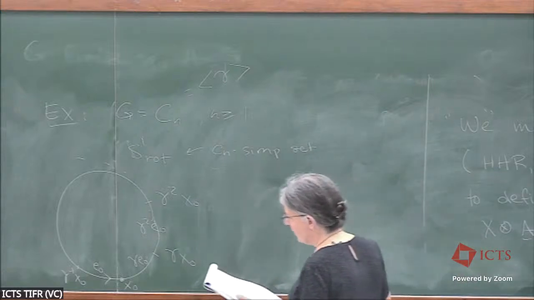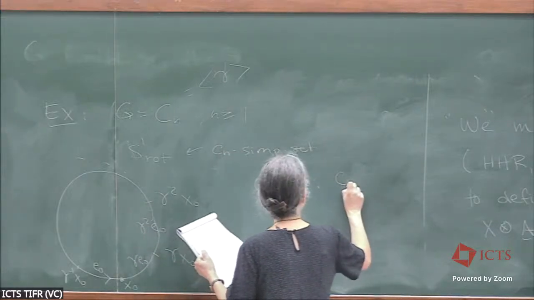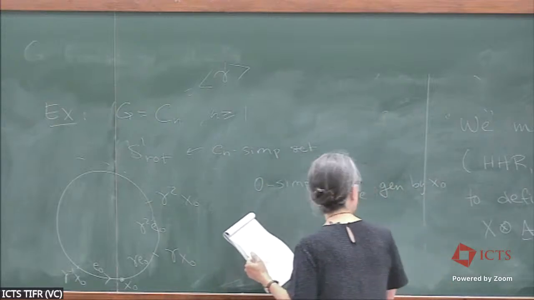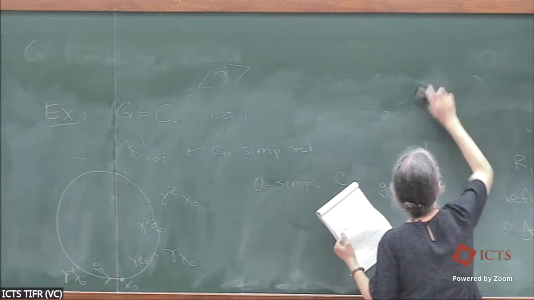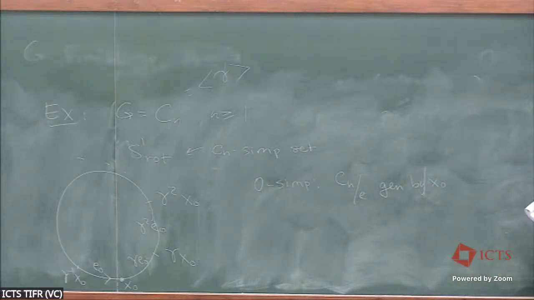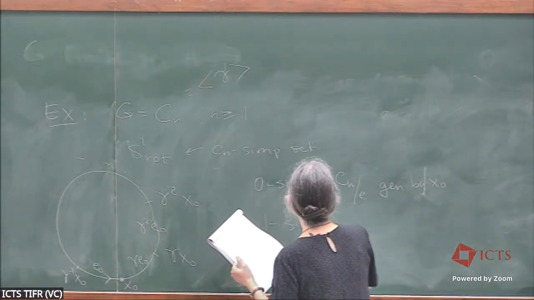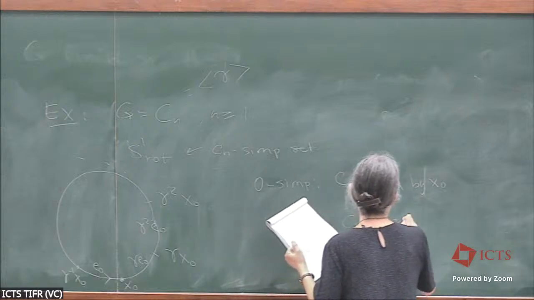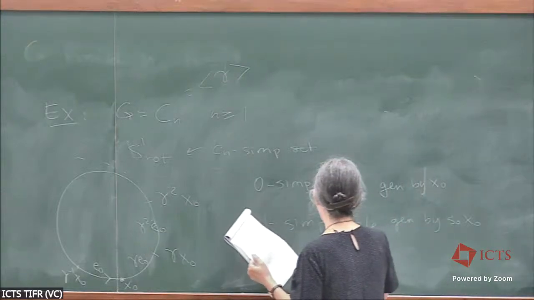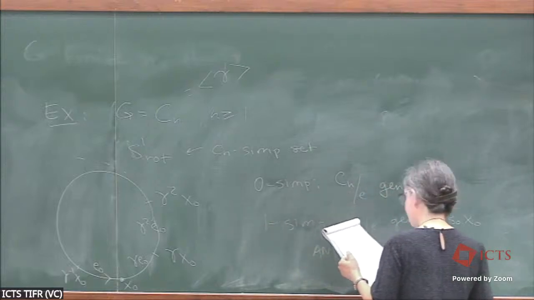I'm going to think of them as orbits. So zero simplices can be thought of as Cn mod E generated by x0, and one simplices are Cn mod E generated by S0 x0, and Cn mod E generated by E0.